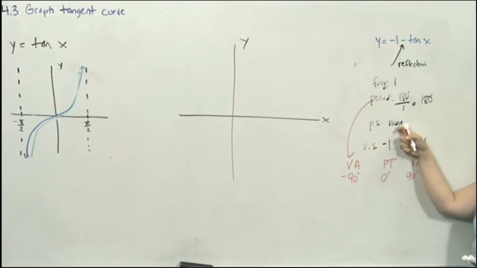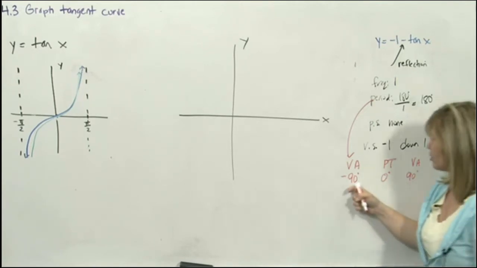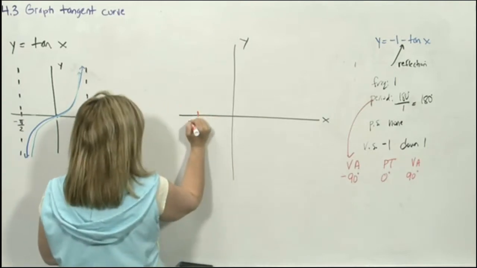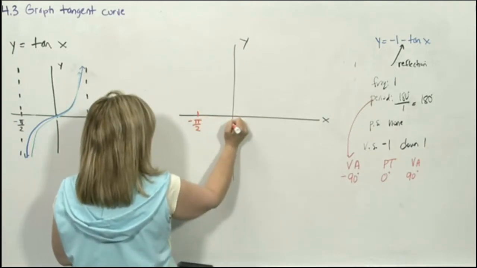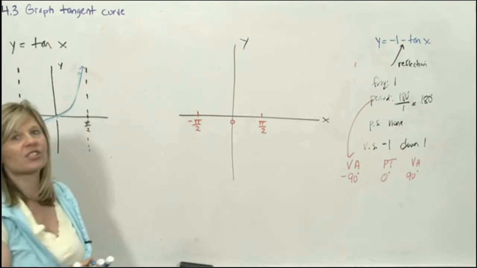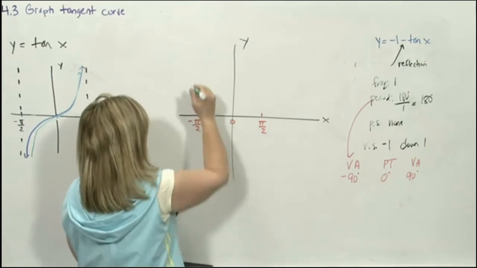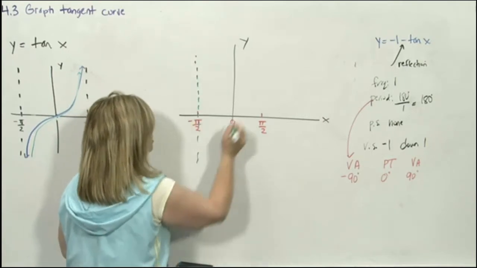There is no phase shift, so this is not moving. Y'all with me? So that's set. That is our x-axis. So negative 90 is negative pi over 2. Here's 0, and here's positive 90. That for sure is set. Okay? There is no phase shift, so we're not moving. So I could draw my vertical asymptotes in.